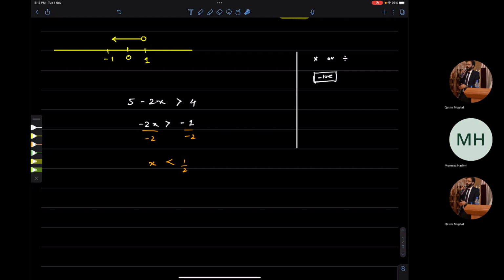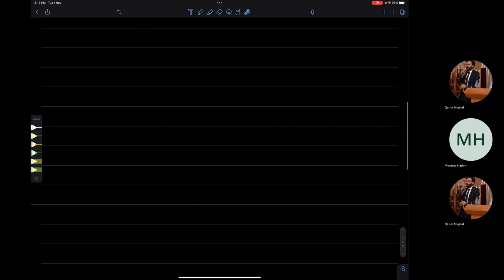Okay, now this was the basics of linear inequalities. Now the next thing is quadratic inequality. For that purpose, let's first look into a quadratic equation.